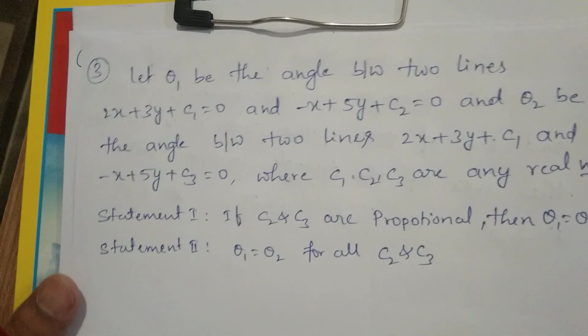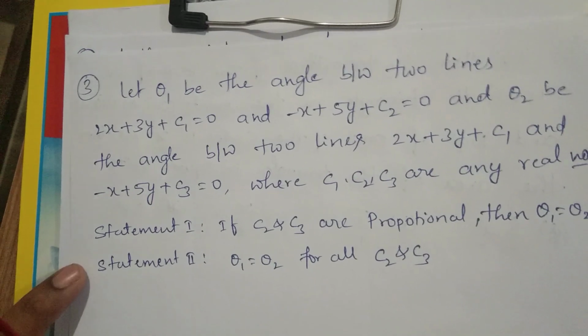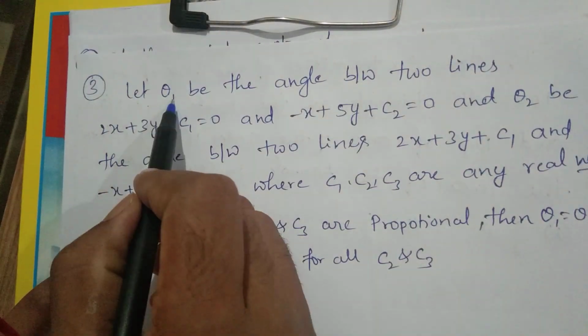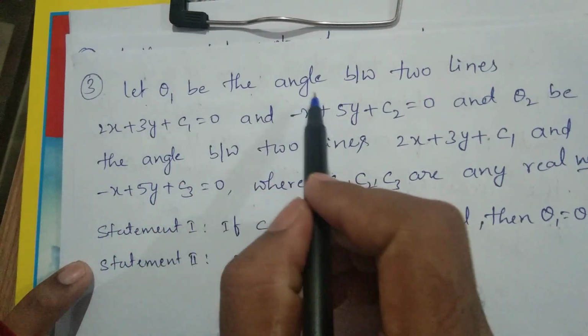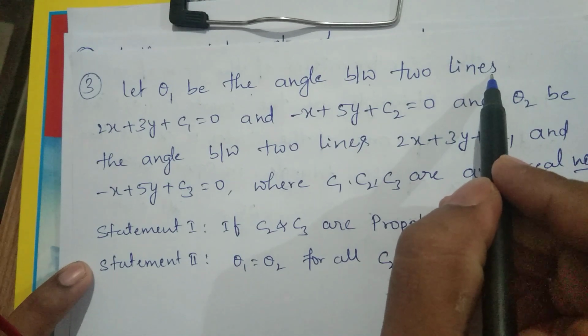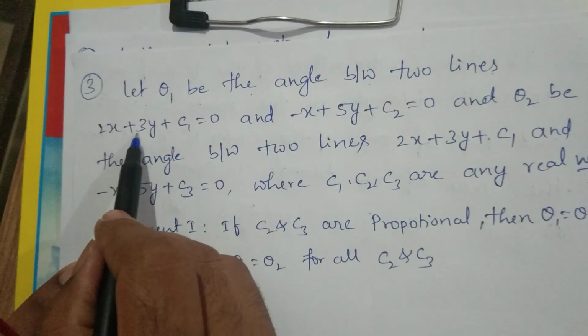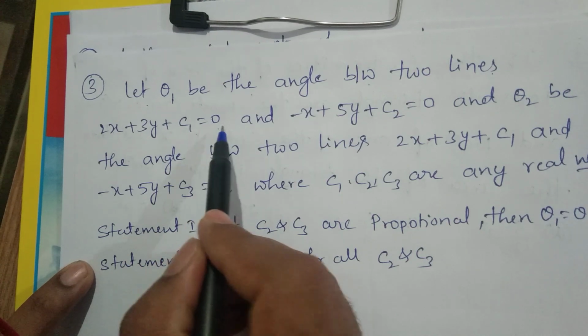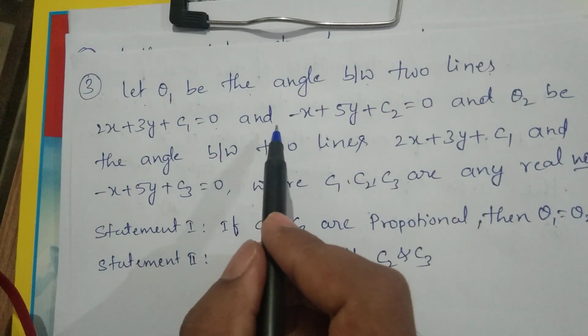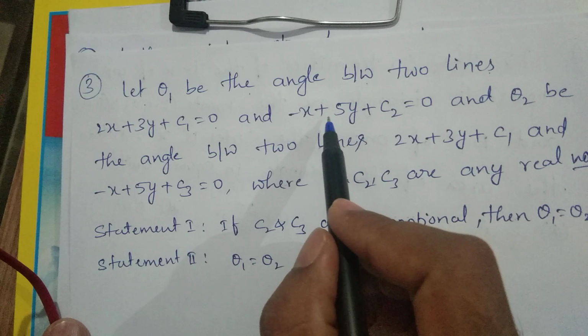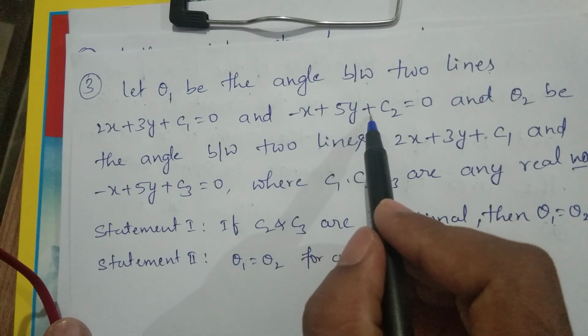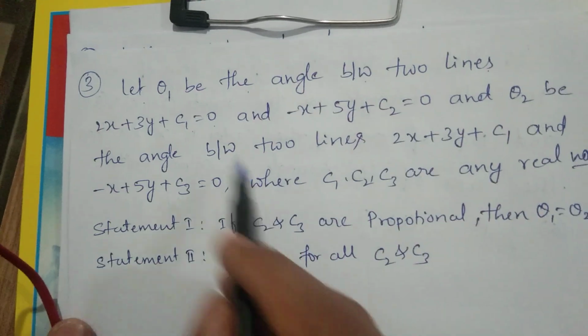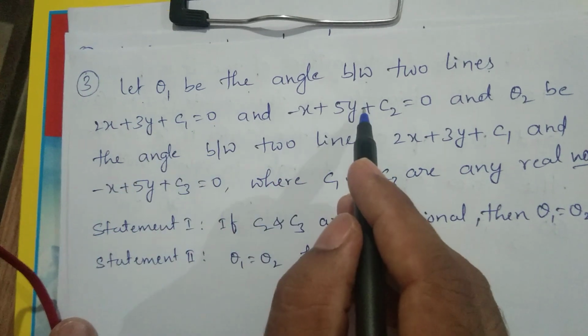Now come to the next question. Here, let theta 1 be the angle between the two lines 2x plus 3y plus c1 is equal to 0 and minus x plus 5y plus c2 is equal to 0. This is theta 1, the angle between these two.